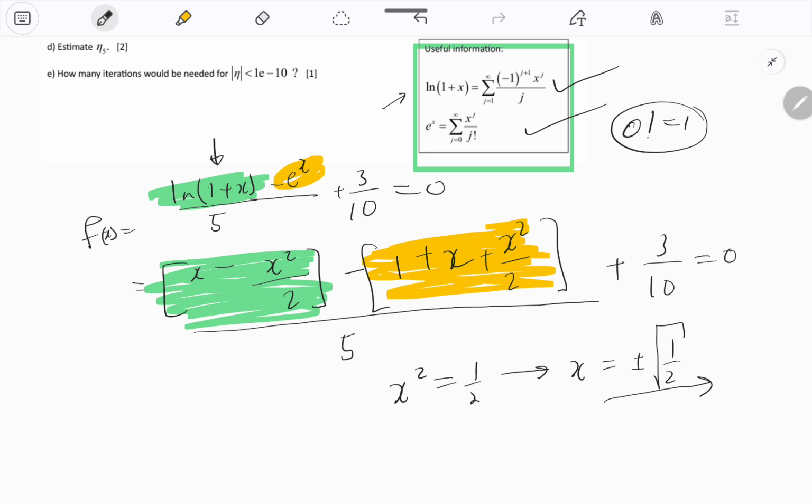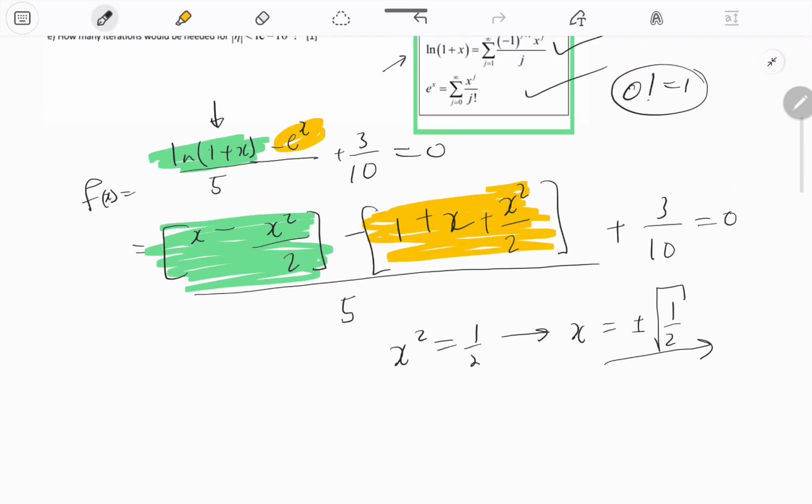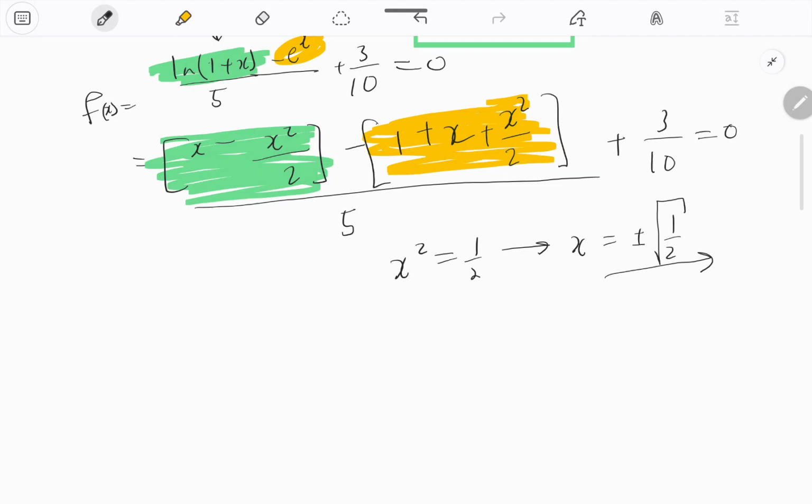So you can actually bound the answer, hoping that now you have an interval to do your bisection method, because this is actually bisection. We now have x where the function is technically 0, because we equated it to 0.